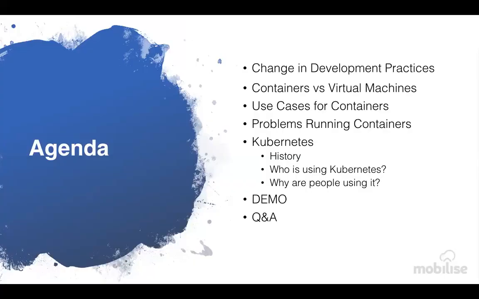So today, we're going to talk a bit in general about some of the changes that have happened in recent times around development practices that have led to the rise of the use of containers. We're then also going to look at the differences between containers and virtual machines.